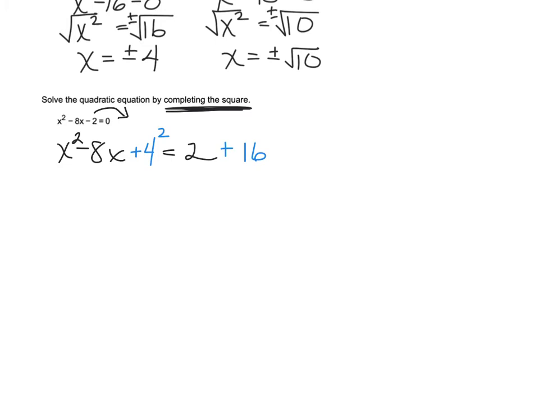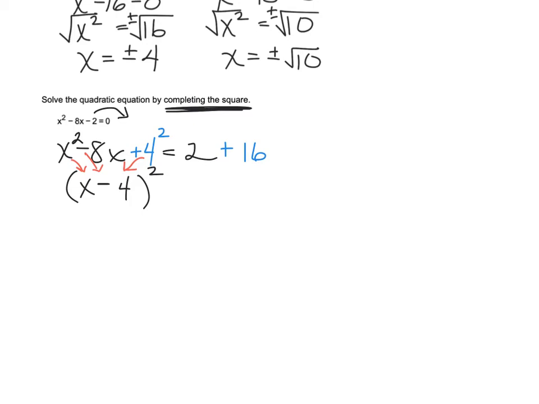Remember, then you can immediately factor this thing into something squared. That factors into x minus 4. That came from x, the minus in front of the 8 is the sign that you use right there, and then the 4 is the number you got when you halved the 8 before you squared it.